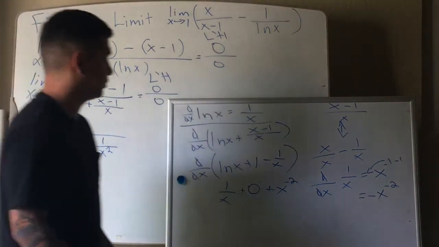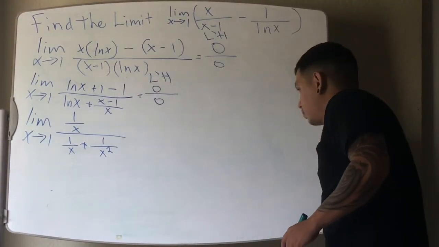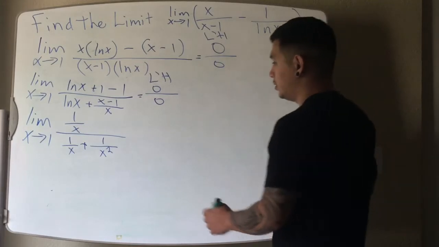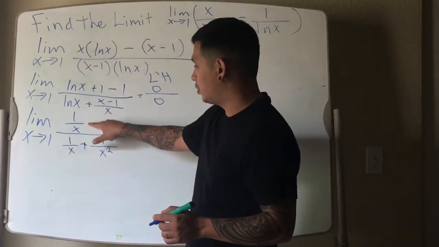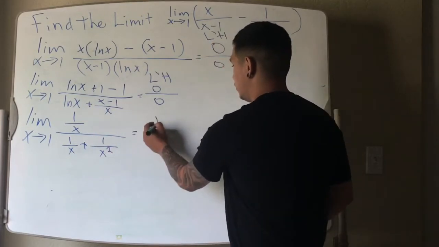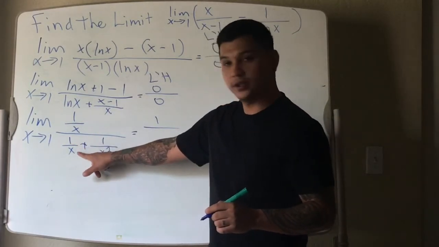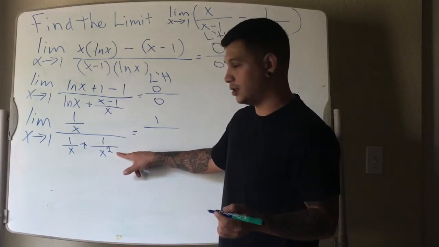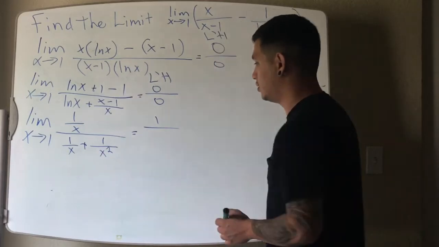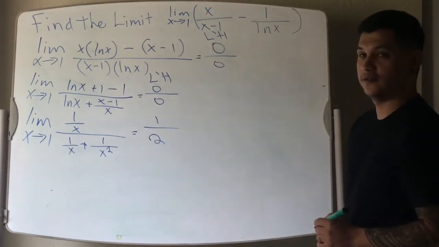Now let's see what happens. So when you plug in our limit, it's going to be 1 over 1, which is 1. And 1 over 1 squared is still 1. So 1 plus 1 is 2. So this becomes 1/2.